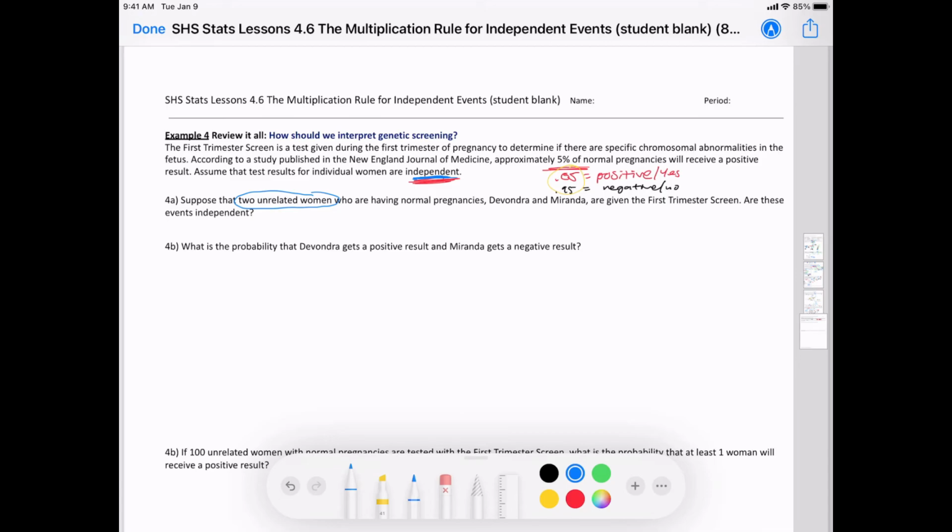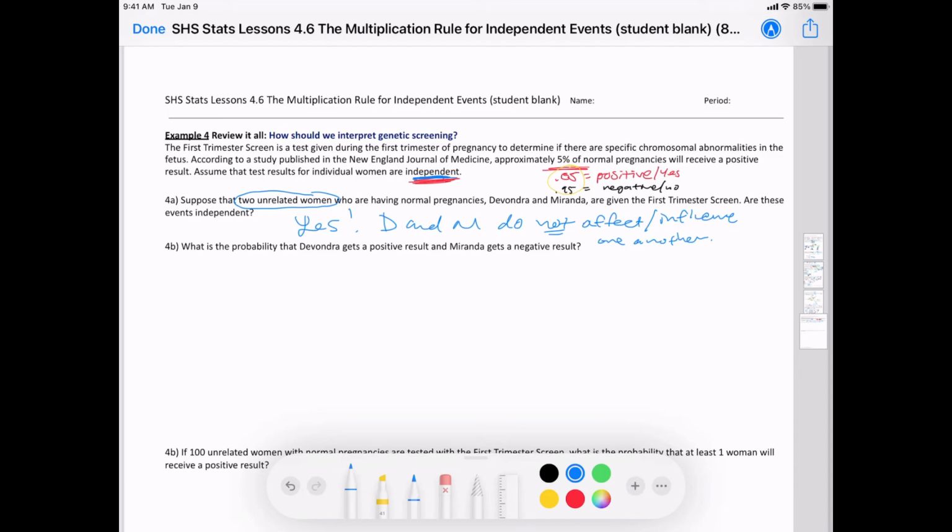Or does Devondra's chromosomes affect Miranda's? Well, I think they're saying unrelated because you can say, in your family history of genetics, that's what they're trying to point out. And these events are independent. Yes. D and M do not affect or influence one another. Now, if they were cousins or sisters, that would be a different issue.